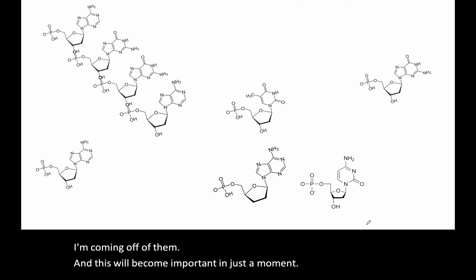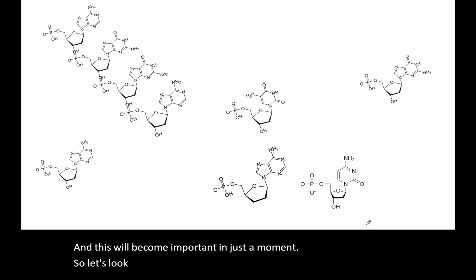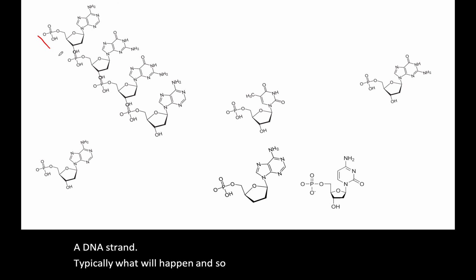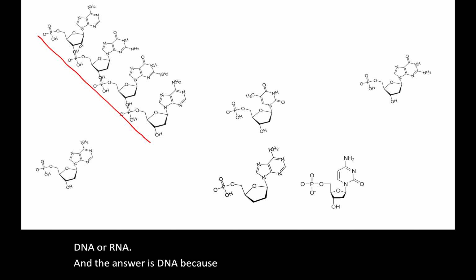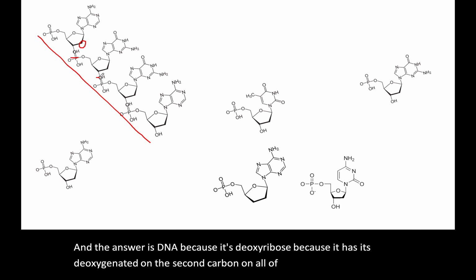So let's look at synthesis of a DNA strand. Again, this particular strand, is this DNA or RNA? The answer is DNA, because it's deoxyribose, deoxygenated on the second carbon on all of them, so they only have one oxygen.